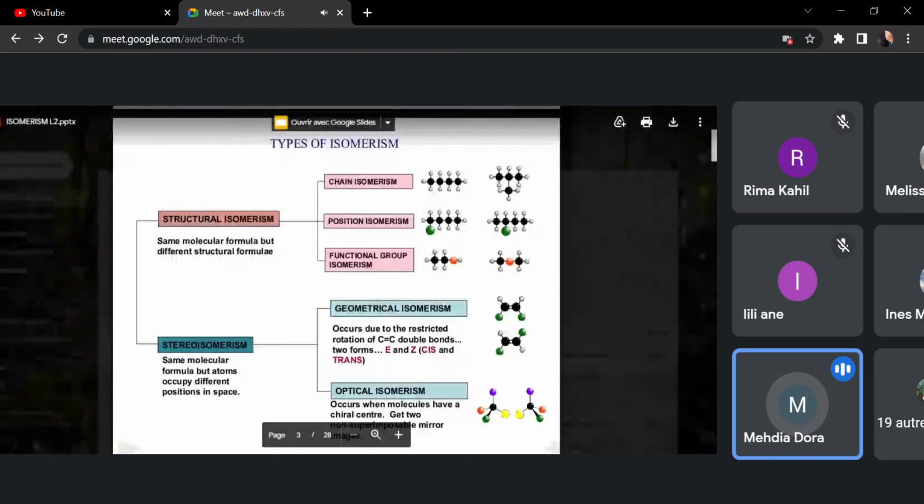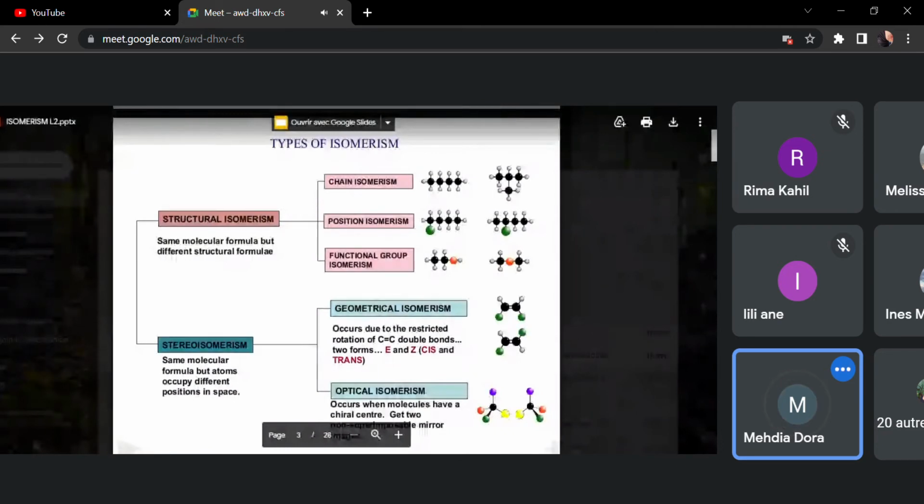Structural isomerism is about the difference in chain isomerism, position isomerism, and functional group isomerism. And we're going to see the examples and this in detail afterwards.